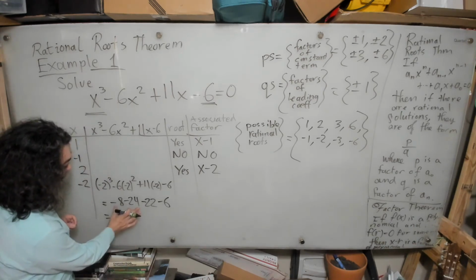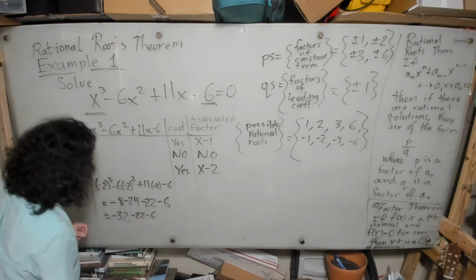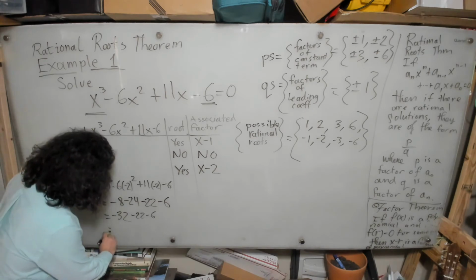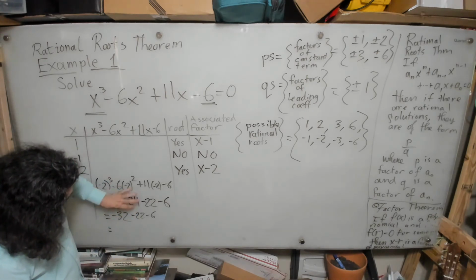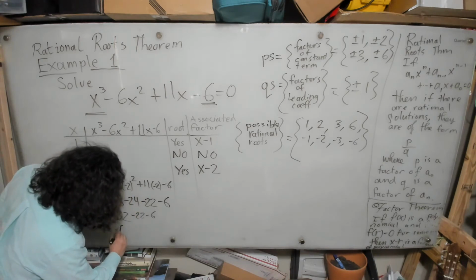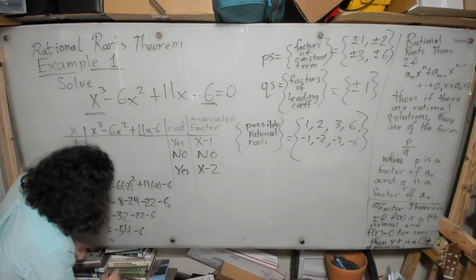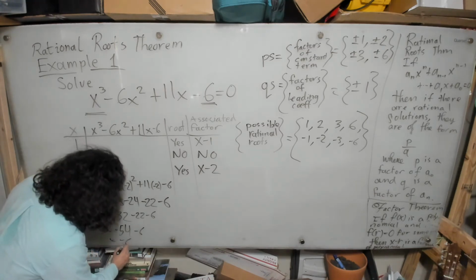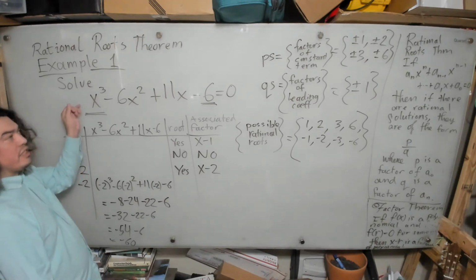So that represents these two, so I bring down the rest of this: -22 minus 6. Now, what is -32 minus 22? That's going to be -54. Then I bring my -6 down like this. And then I ask, what is -54 minus 6? That's -60. So is -2 a solution of this equation?